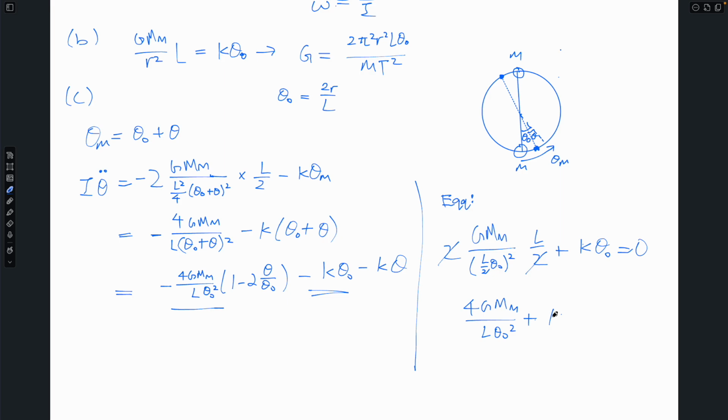Because we never explicitly define a direction, these two should add up to zero. So the equilibrium terms will cancel, this first term and this term, and then we'll just end up getting the terms that are dependent on theta linearly, which is 2gm, sorry, 8.